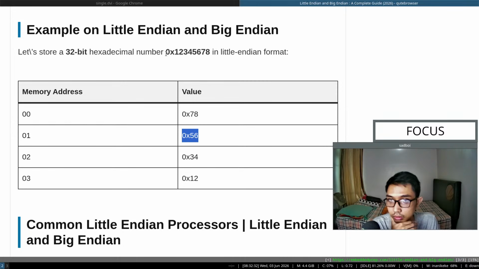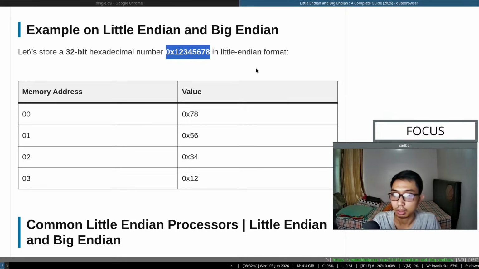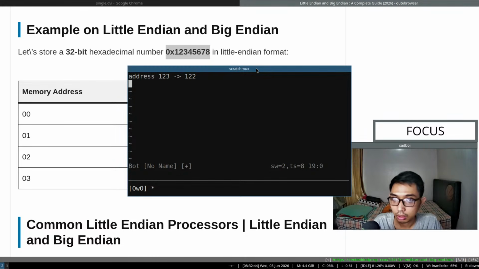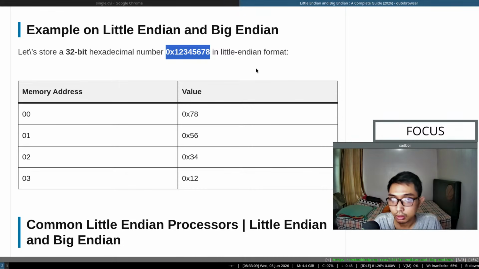Oh, from this hexadecimal number, we can translate that to this, I guess. 1, okay, 2, 3 from this one. Is that it? Okay.